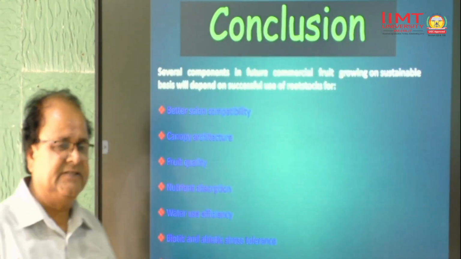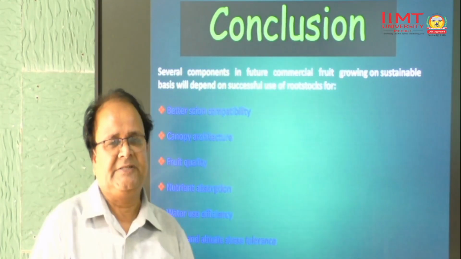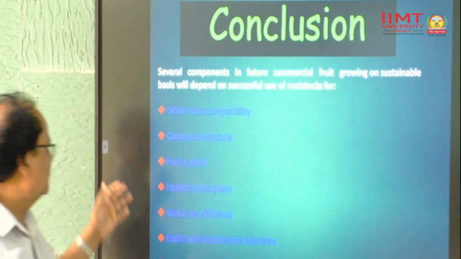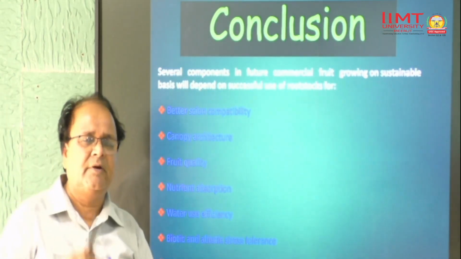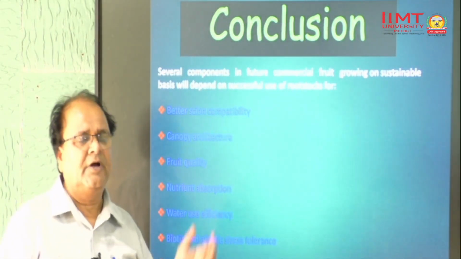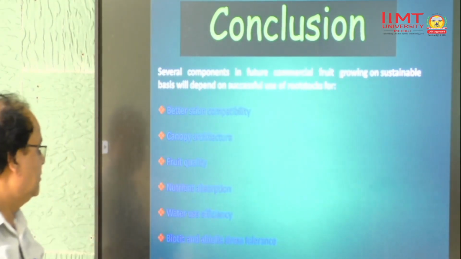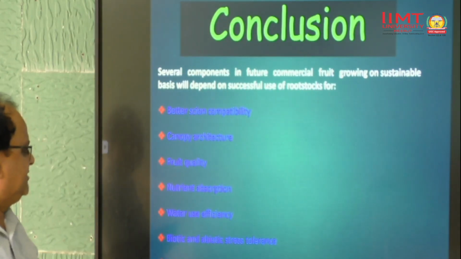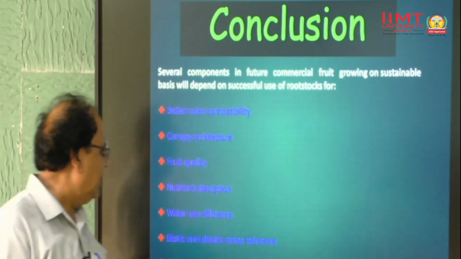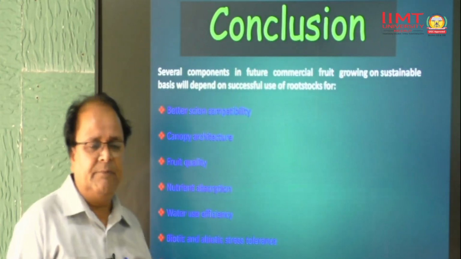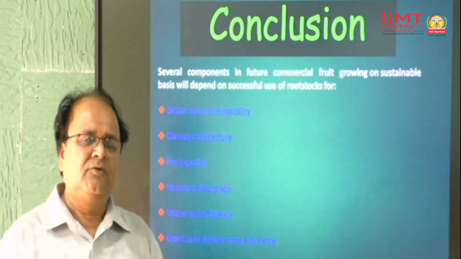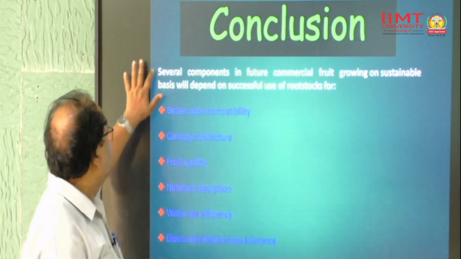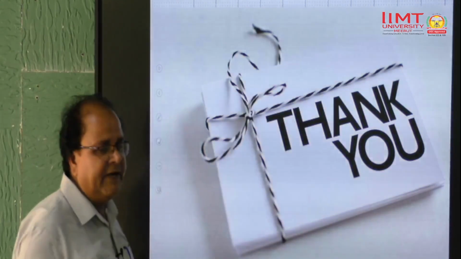Very good canopy architecture is needed in the orchard for the best production of the crop. For fruit quality, the best quality of fruit with a high level of nutrition is needed through the use of different rootstocks, along with nutrient absorption, water use efficiency, biotic and abiotic stress tolerance, and adaptation under the influence of climatic changes. So on the basis of high temperature and low temperature, rootstocks should be developed on the basis of the diversity of the climate of India. So, thanks to all.